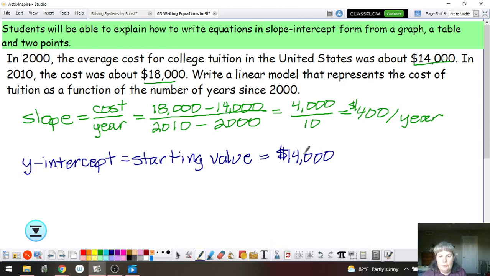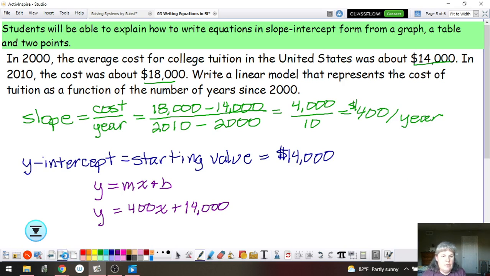So now we have the two values that we need to write an equation in slope-intercept form. So y equals, our slope is 400, x plus our y-intercept is 14,000. And that's our equation.